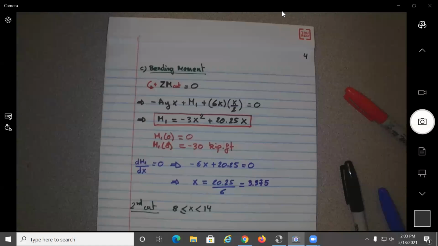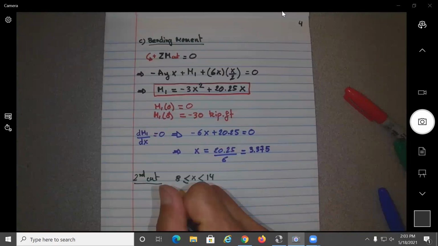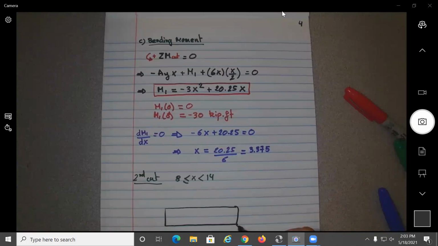So same as before, we need to do the figure. So I'm going to do the figure here. So this time at the end, we'll have V2 and M2.